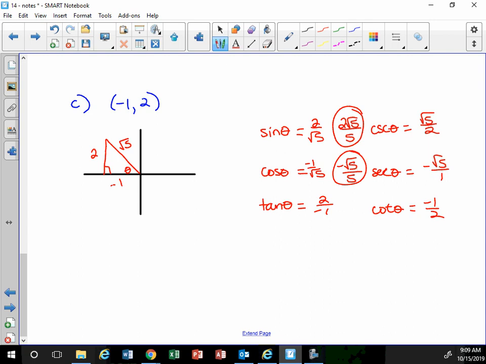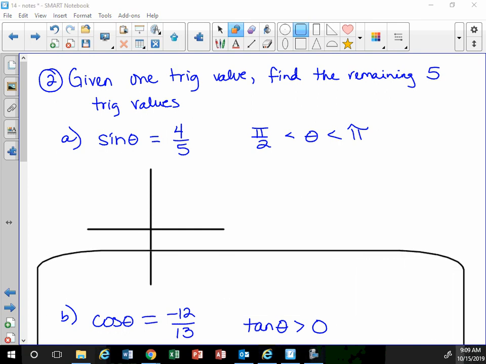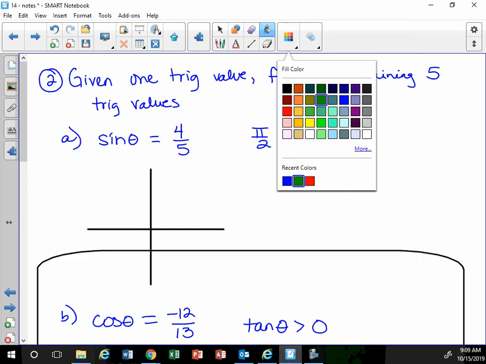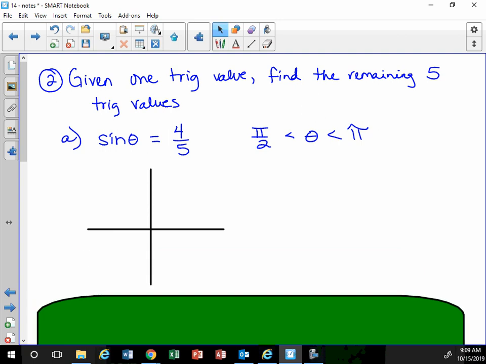All right, let's keep going. All right, I'll let you jot down number 2 here. Given 1 trig value, find the remaining 5 trig values. I'll give you some info.